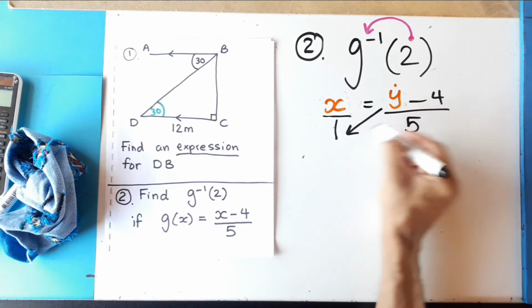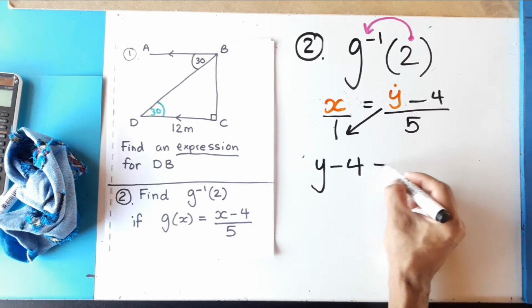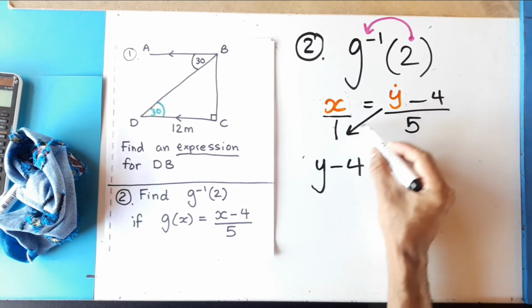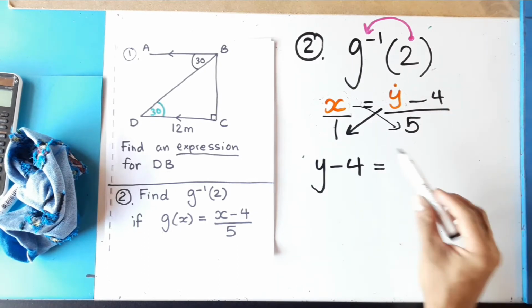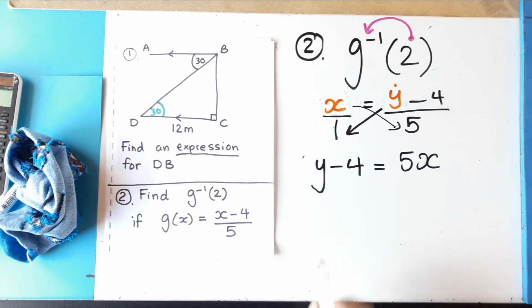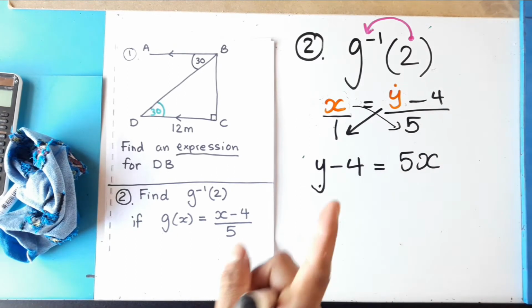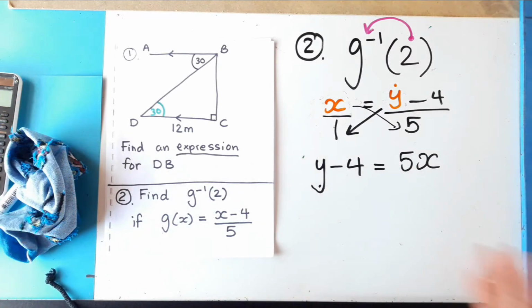Let's cross multiply. Anything times 1 is itself, so we get y minus 4, because y minus 4 multiplied by 1 is still y minus 4. Let's multiply the other diagonal. x by 5 is 5x. Remember, we are trying to make who the subject? y. We're trying to get y on one side, everybody else on the other side. So it's really easy here.